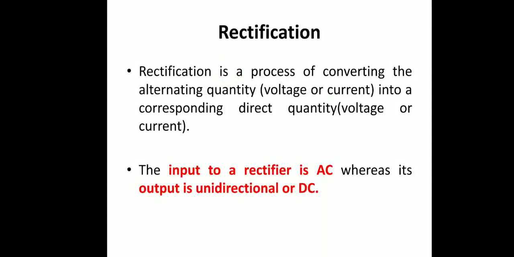The input to a rectifier is an alternating AC voltage, whereas its output is unidirectional or DC voltage. The electronic circuit which carries out rectification is called a rectifier. Simply, the input to a rectifier is AC, whereas the output is unidirectional DC.